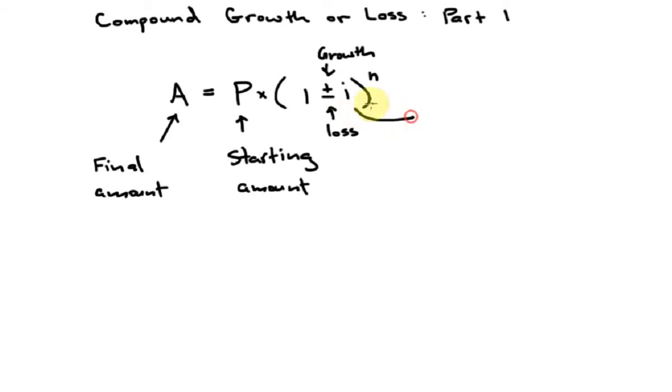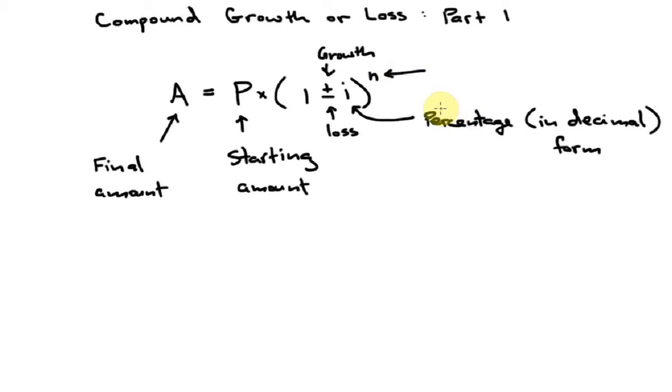This i in here is the percentage of growth or loss, and it has to be in decimal form. I'll be doing examples in just a second. And then n, your exponent, is the number of times that growth has occurred, the number of growth periods.